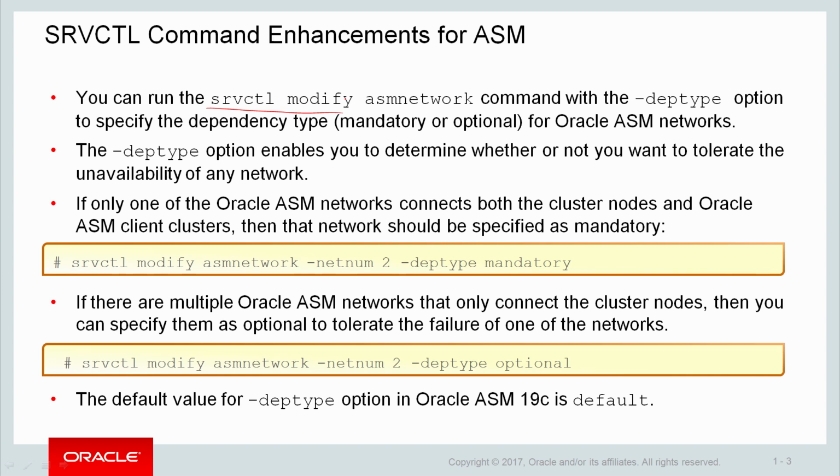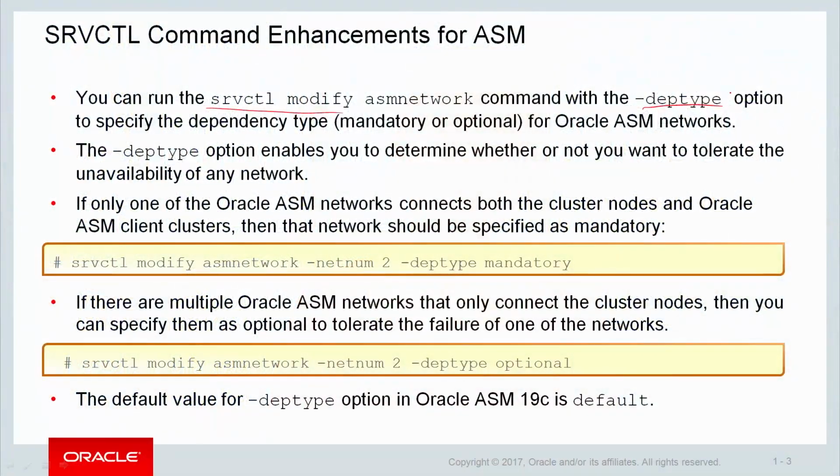What's new in 19C is this option -dep type, which is dependency type. So you can run the server control modify ASM network command with the -dep type option to specify the dependency type, mandatory or optional, for an Oracle ASM network. What does this dependency type mean?